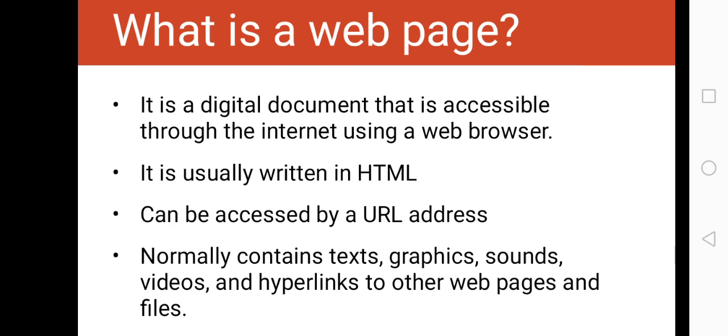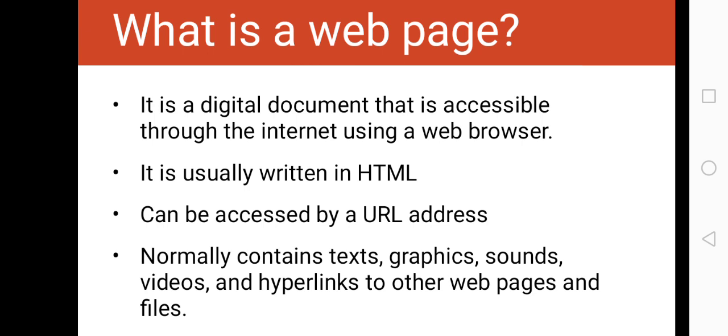Now that we have discussed that HTML is an application that is being used by programmers to create web pages and applications, we will now focus on what is a web page. When we're talking about web page, it is a digital document that is accessible through the internet using a web browser.